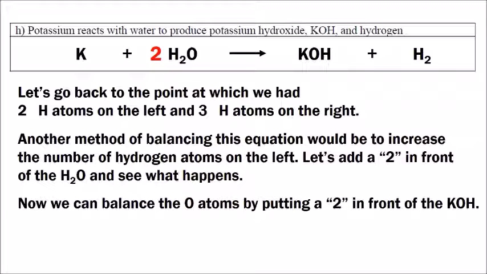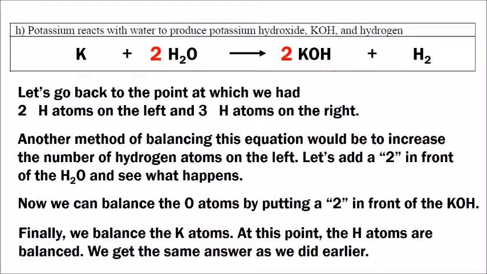Now we can balance the oxygen atoms by putting a 2 in front of the potassium hydroxide. And we can balance the potassium atoms by putting a 2 in front of the potassium. Now at this point, we have a total of 4 hydrogen atoms on both sides. So we get the same answer as we did earlier.